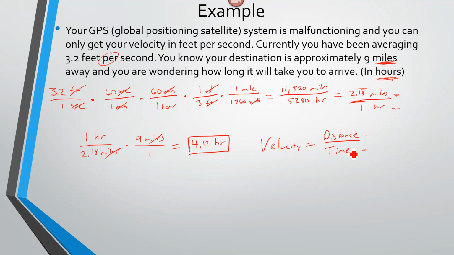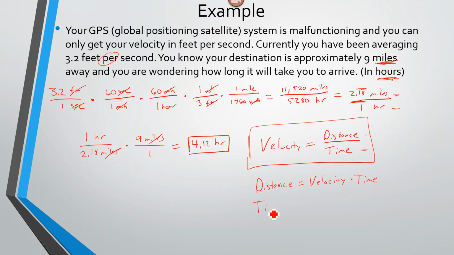But let's look and see how we change this formula up, because this is pretty important that we know how to take this formula and get a different formula. So we could take time and multiply both sides by time, and we end up with distance equals velocity times time, right? And then if we wanted to get time by itself, we can do distance divided by velocity.